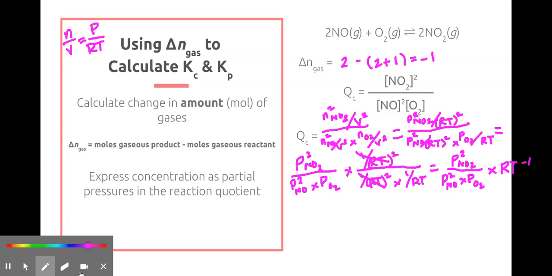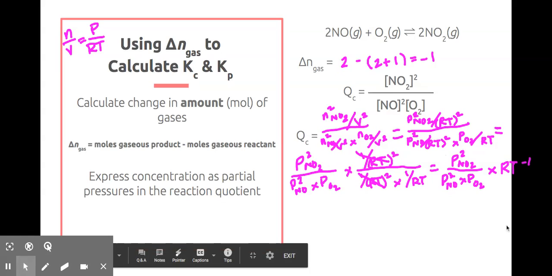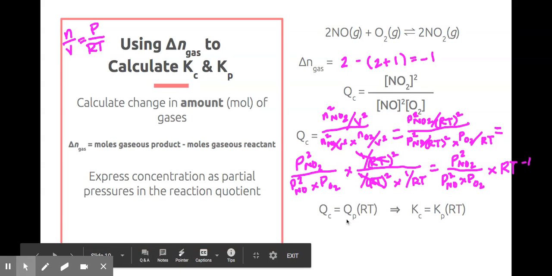So when we look at all of that simplified, we can see that our reaction quotient with respect to concentration is equal to our reaction quotient with respect to pressure times RT. And when we're looking at equilibrium, we know that that is equal to our equilibrium constant with respect to concentration.